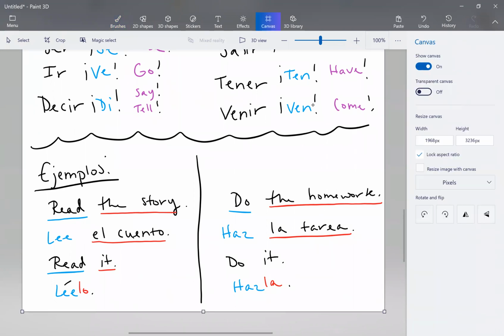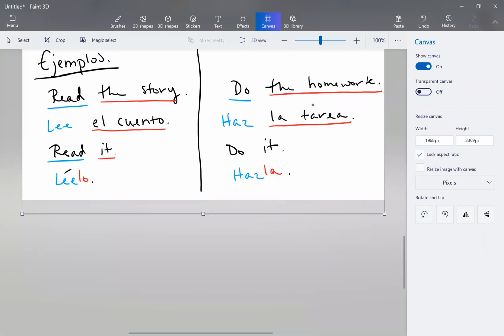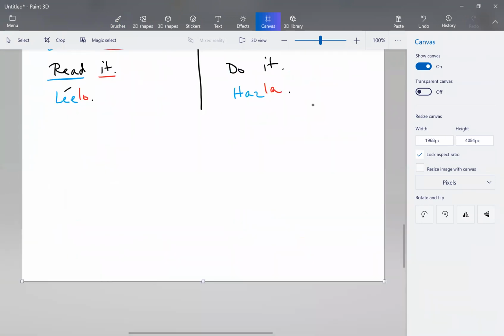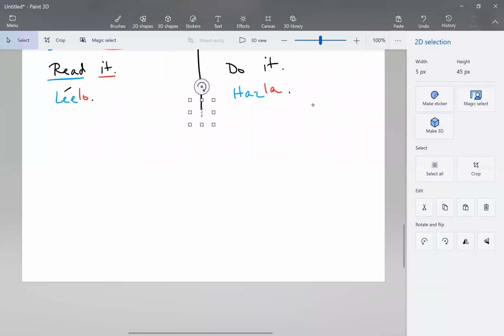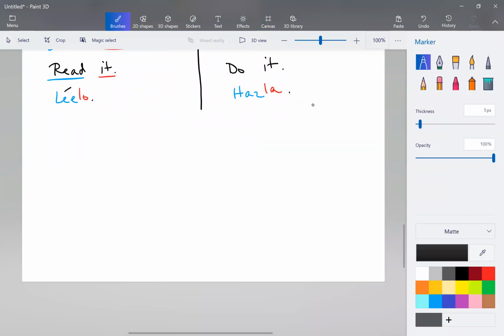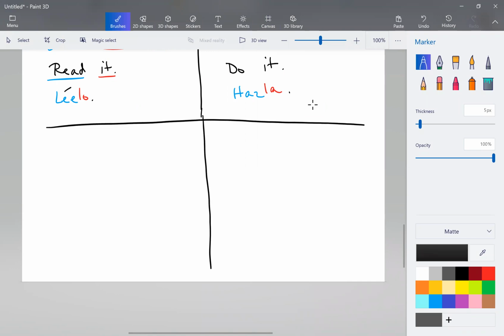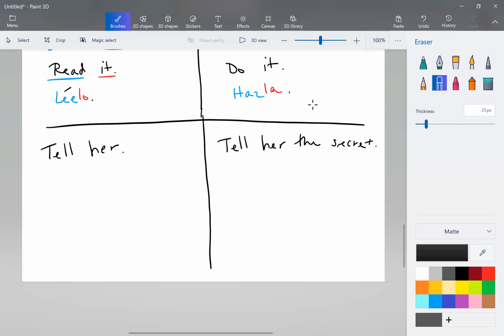Couple more. What are we going to have for tell? It's one of the irregular commands.